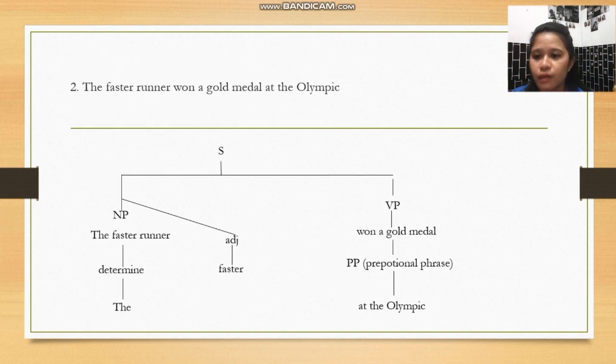Number two. The fastest runner won a gold medal at the Olympics. Subject, noun phrase: the fastest runner. Determiner: the. Adjective: fastest. Verb phrase: won a gold medal. Preposition phrase: at the Olympics.